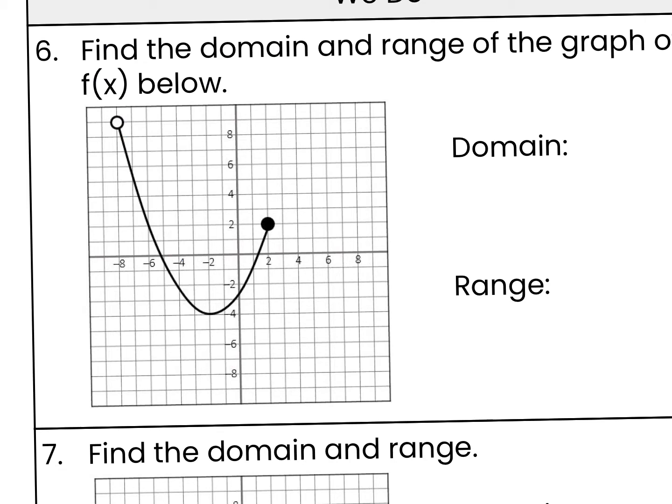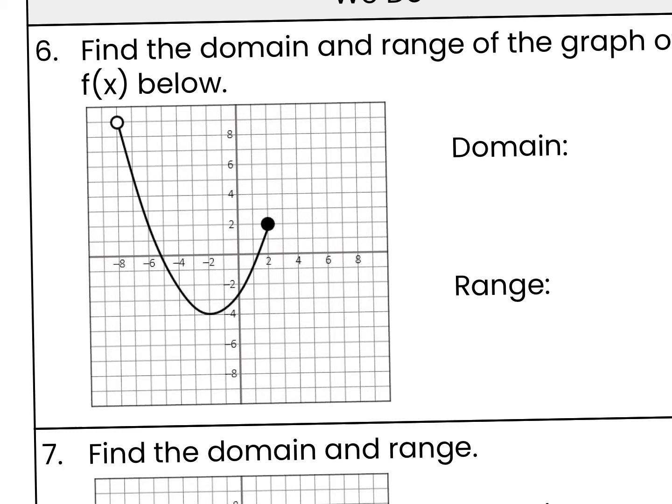It asks, find the domain and range of the graph of f of x below. So you have this curve right here of f of x. And I'm going to draw vertical lines through these points, the endpoints here, because I actually have 2 endpoints.